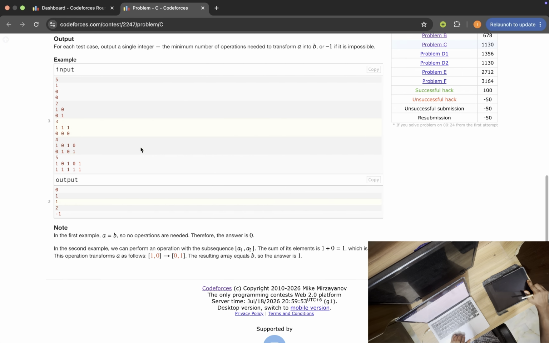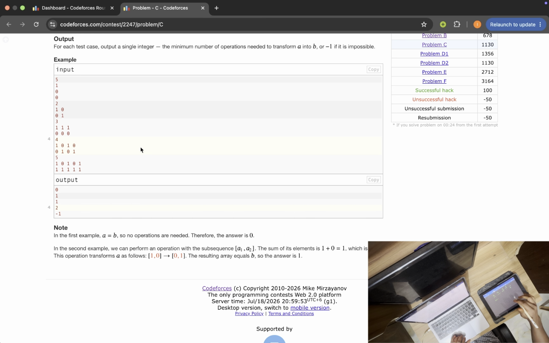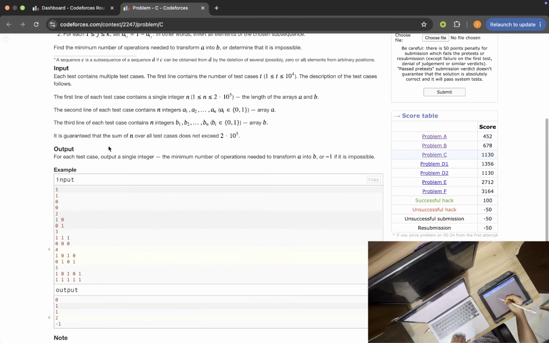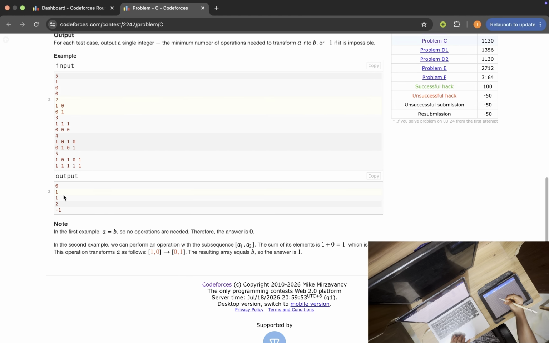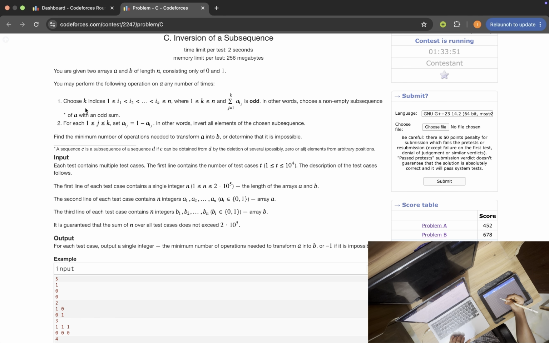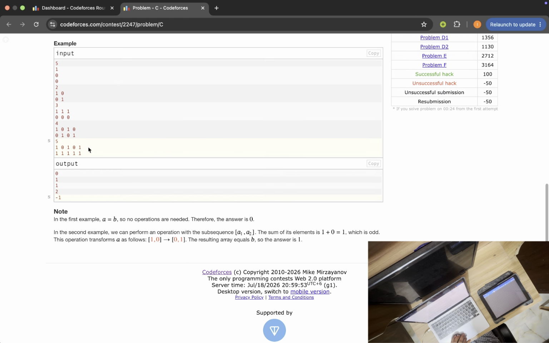Okay, I have this 0 and 1 array. I can choose, A to B. Okay, K is given, choose K indexes somewhere between 1 to N, okay, everything to sum, oh, that makes sense. Minimum number of operations, so 1 0 1 0 0 1 0 1.